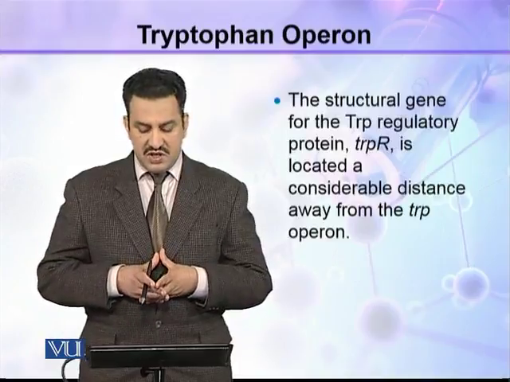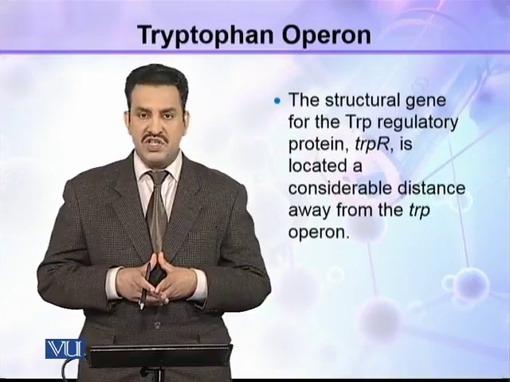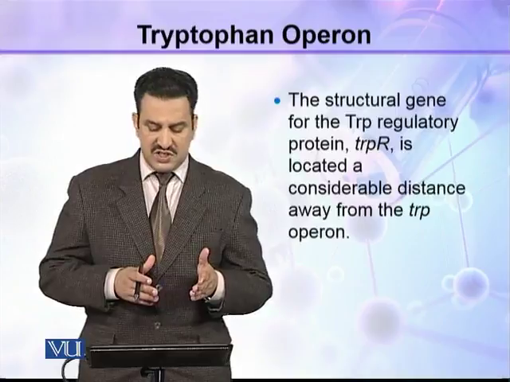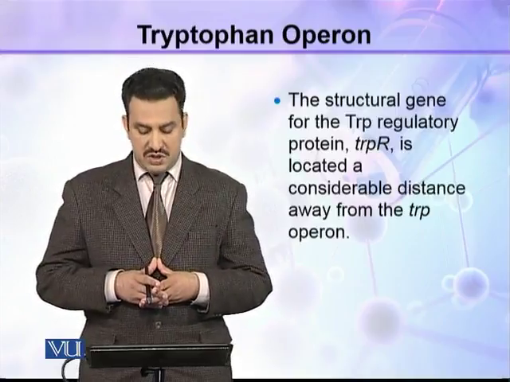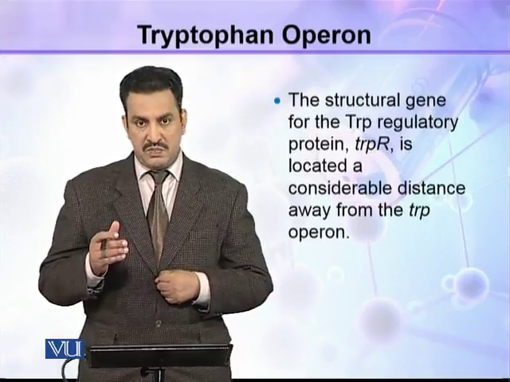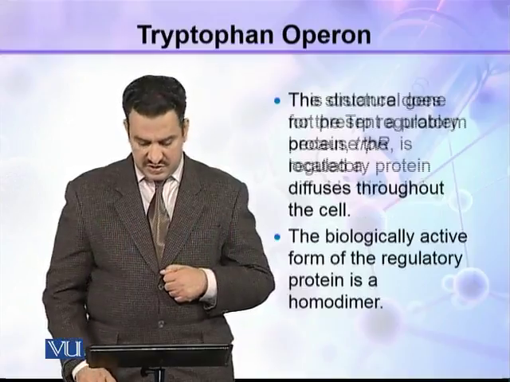The structural gene for the trp regulatory protein, or trpR, is located at a considerable distance away from the trp operon. So there is quite a distance between the trp regulatory protein trpR and the trp operon.